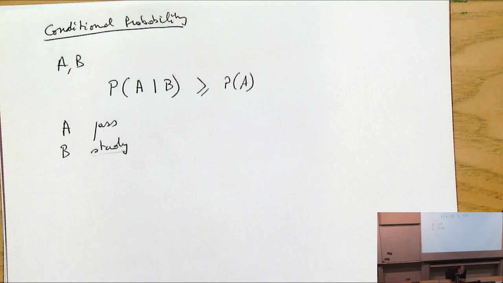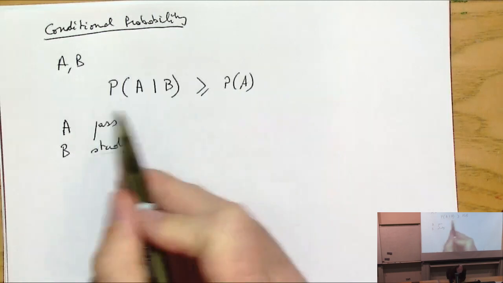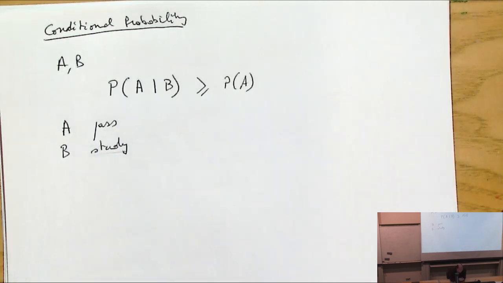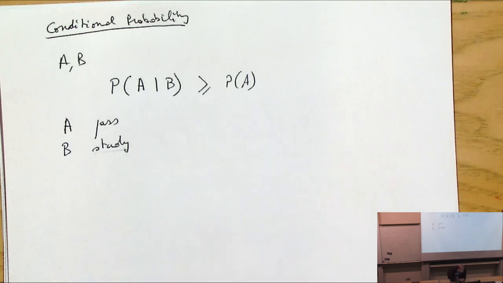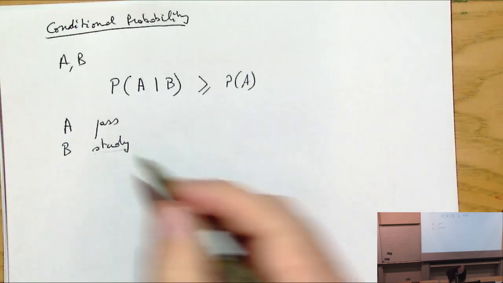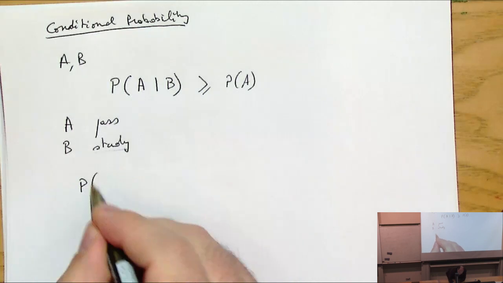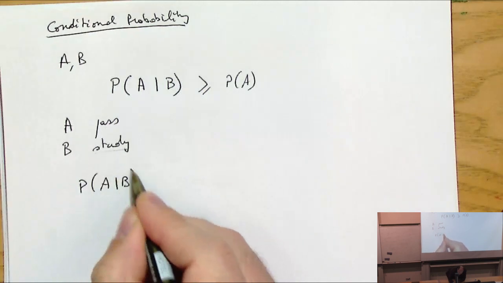So this is an example where this conditional probability would have a higher value than the probability of A occurring, but it's not always the case. It may be the case that the conditional probability sometimes is smaller than P of A. Okay? So how do we define this conditional probability?